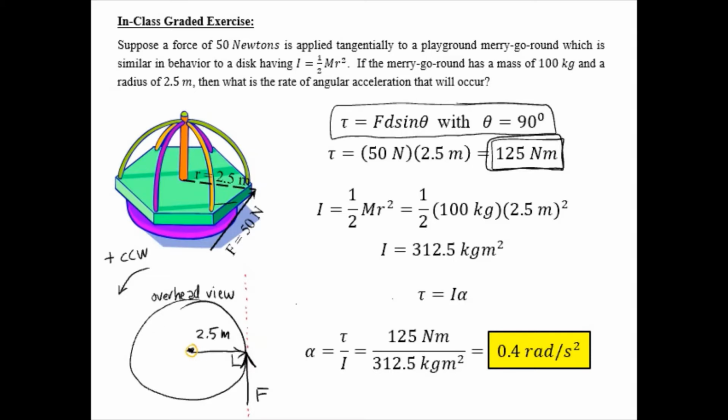They tell us that the moment of inertia, or rotational inertia, of the merry-go-round is 1/2 mr squared. They told us the mass was 100 kilograms. Again, we know the radius of the merry-go-round is 2.5 meters. So when we do 1/2 mr squared, we get our moment of inertia of 312.5 kilogram meters squared.